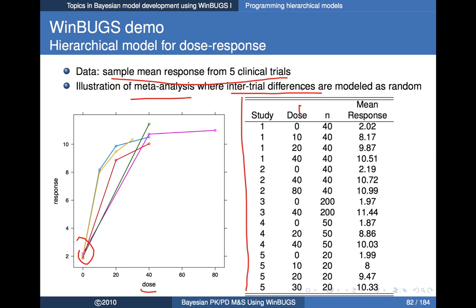We're also going to have to adjust for the fact that we have different sample sizes for these sample means. So I've got an n here, the number of patients contributing to the sample means, and I guess these are made up numbers, since these are all nice round numbers. And then our mean responses are shown right here. Again, those are the same numbers plotted on the left. So that's our data set.